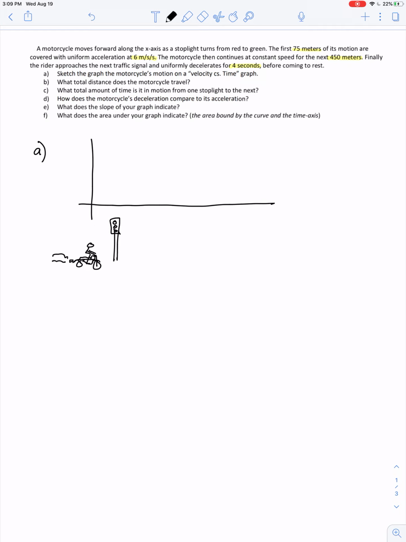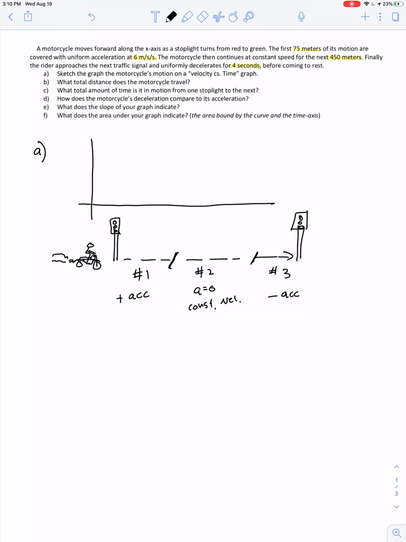It's just turned from red to green, and the motorcycle progresses down the x-axis. For the first interval, it has some positive acceleration. Then in the second interval, the acceleration is 0, meaning it maintains constant velocity. And then in the third interval, it approaches the next traffic light, and it has some negative acceleration.